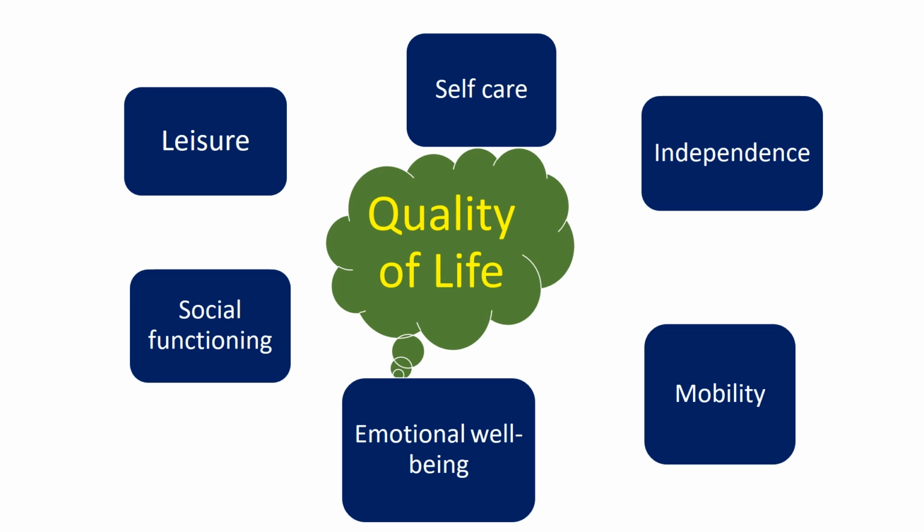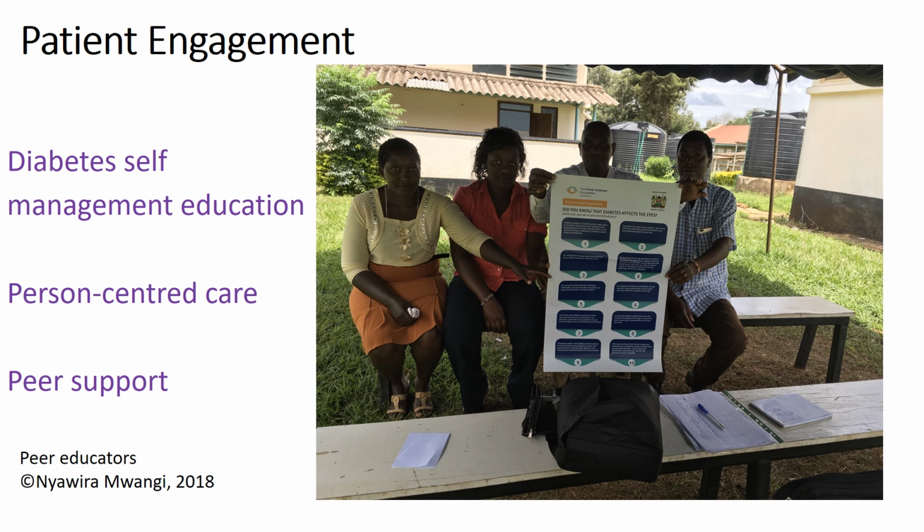How does diabetic retinopathy affect the quality of life in social functioning, in leisure, and other aspects of life? We will explore this in greater detail in the course. Putting the patient at the center of eye care means engaging with the patient. There are various strategies for patient engagement.